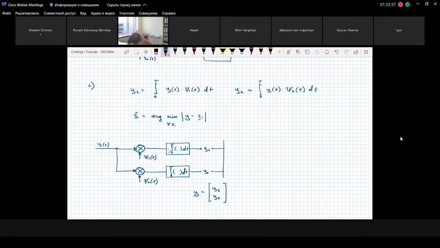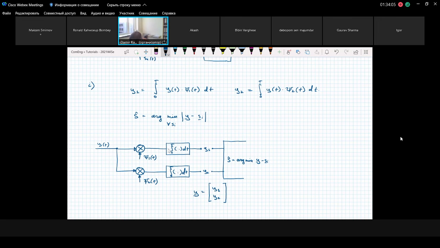And for simplicity, after we calculate the outputs, we just need to find such s that will have the minimum possible value for the difference between this vector y that we have at the output after the correlator, and the candidate si.